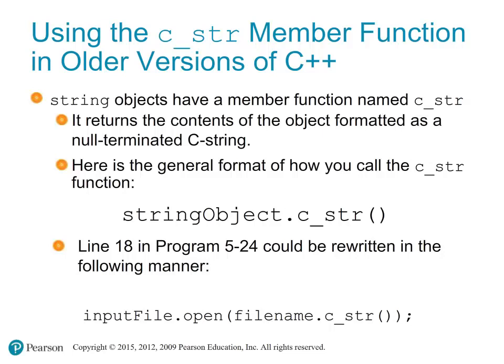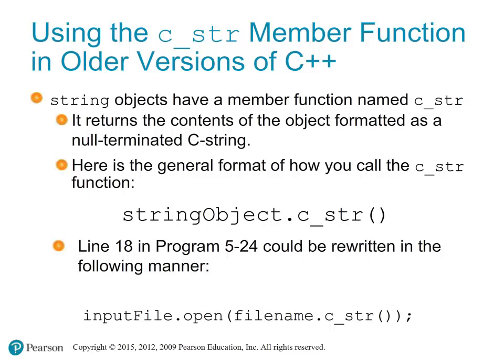The c_str member function of the string class is a bridge between modern C++ string objects and the older C-style null-terminated string, which is a C string. The c_str function returns a pointer to a null-terminated character array that represents the same sequence of characters as the string object. This is particularly useful when you need to interface with older C++ code or C libraries that expect null-terminated strings.